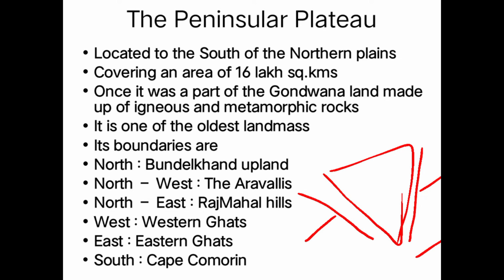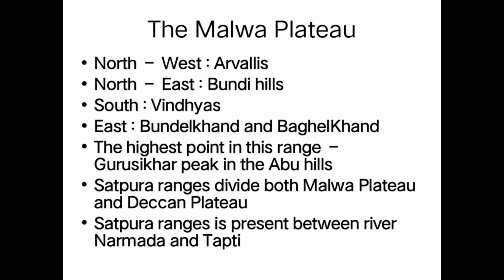Its boundaries are: towards the north we have the Bundelkhand upland, the Baghelkhand. Towards the west we have the Aravalli range. Towards the northeast we have the Rajmahal hills. Towards the west we have the Western Ghats. To the east we have the Eastern Ghats, and going down we have Cape Comorin.